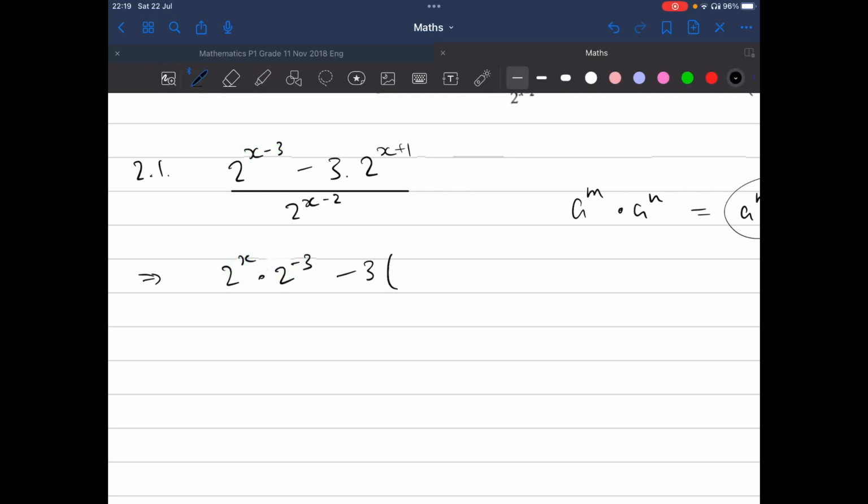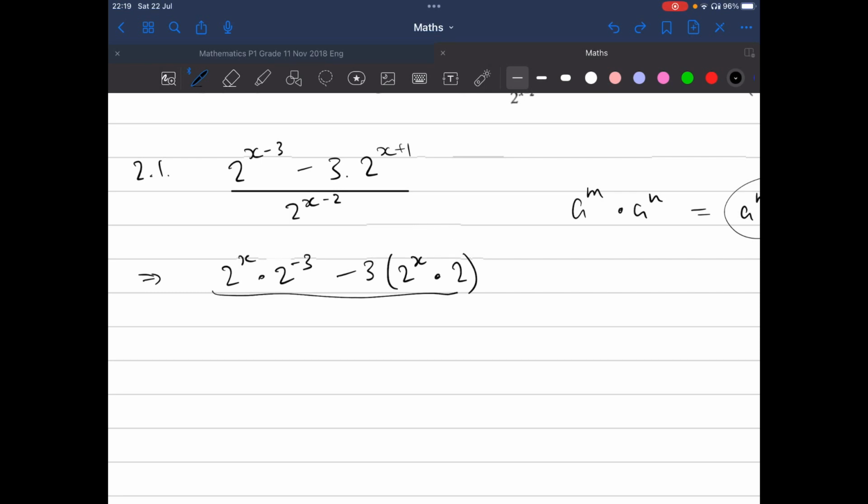So now I can say 3 times 2 to the x times 2 to the 1. Okay, and remember 2 to the 1 is the same as 2. Okay, and the reason these are going in brackets is because remember this 3 was multiplying the whole 2, so now it has to multiply each of those.